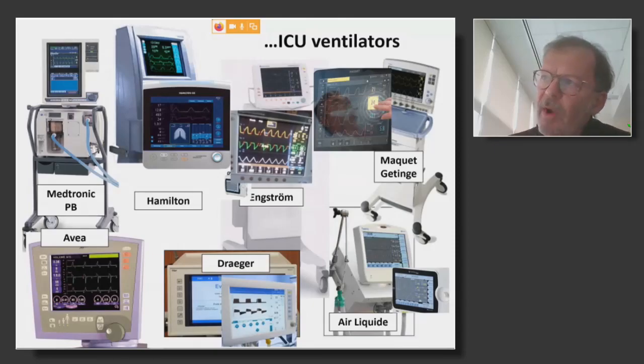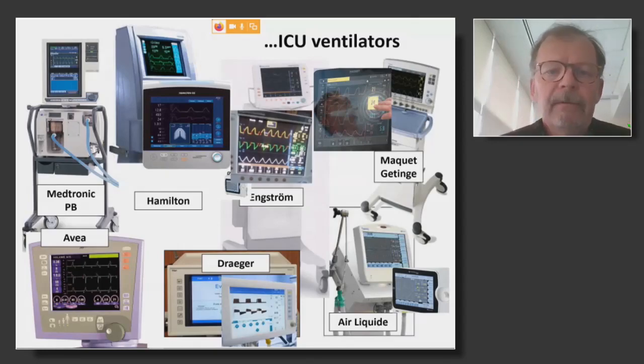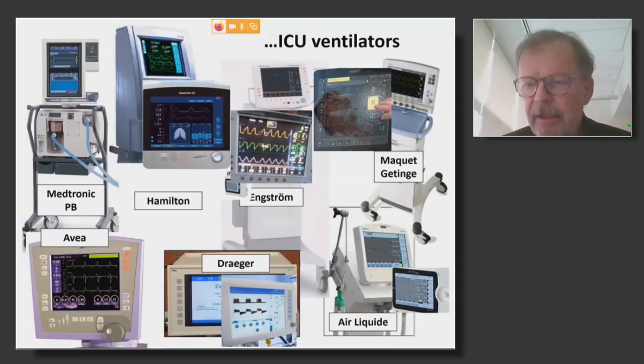These waveforms need to be observed. Of course, you cannot spend 24/7 looking at the waveforms, but when you recognize some abnormal patterns, you have to say, well, there may be some desynchrony. Can I do something about it? And what is the problem there?